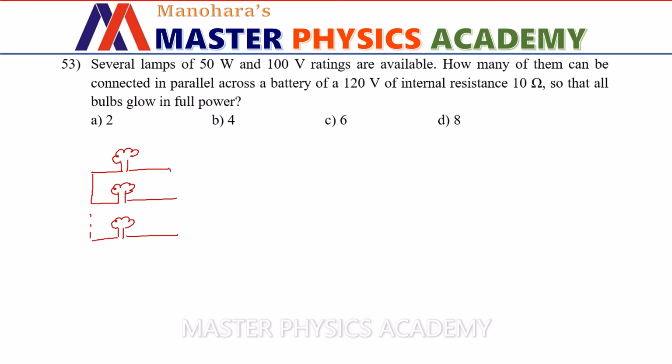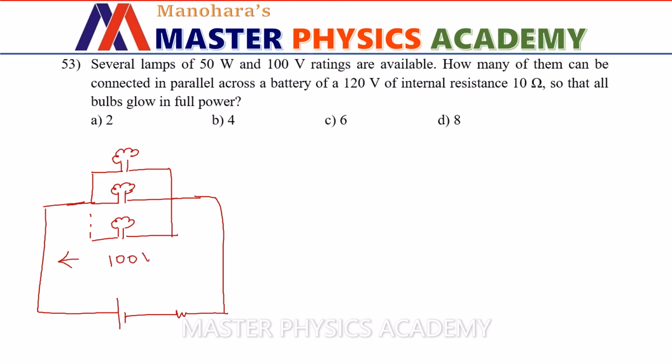So what is the potential difference we need across it? It is going to be 100 volt. The voltage across the parallel combination should be 100 volts so that the bulbs will glow in full power. The applied voltage is 120 volt, right?